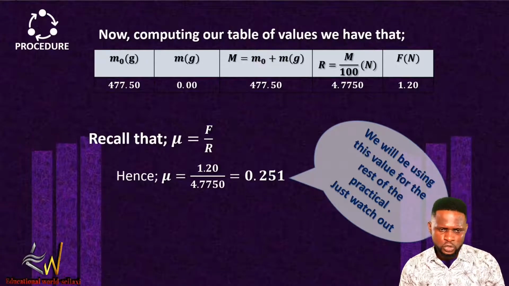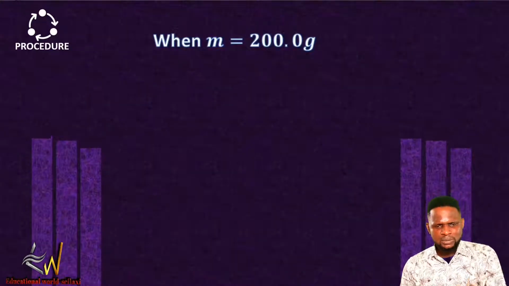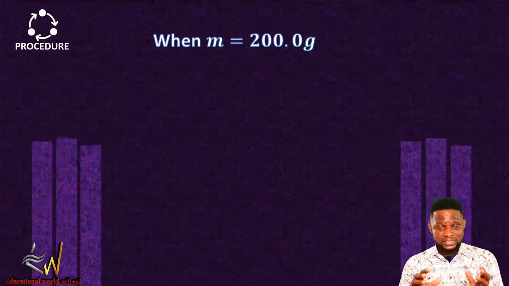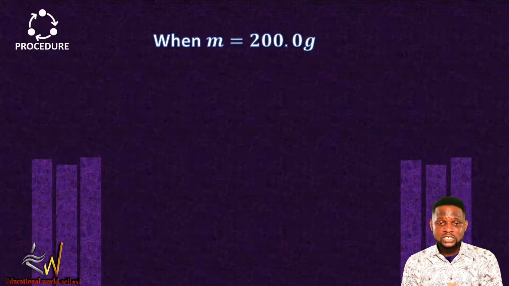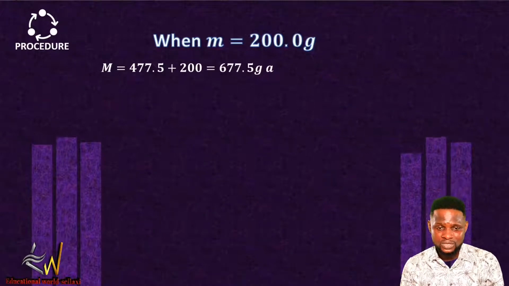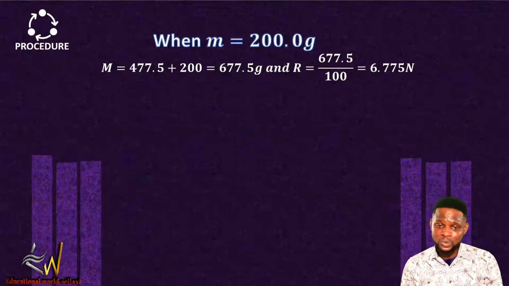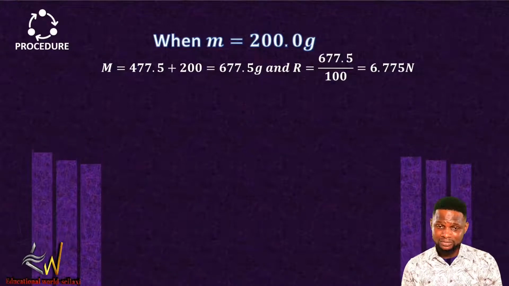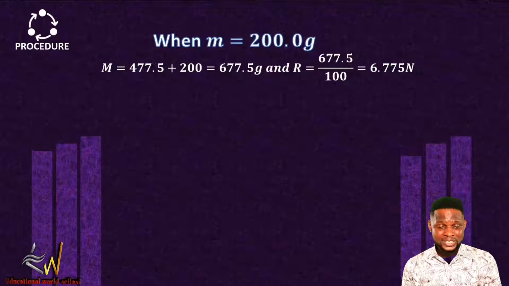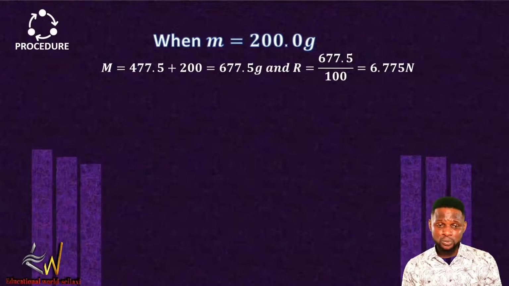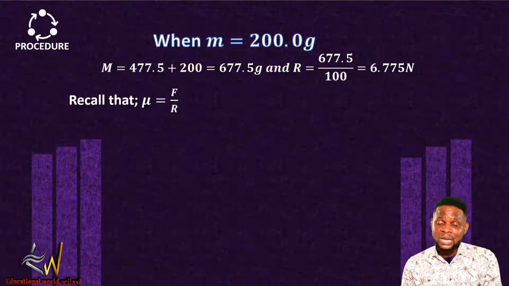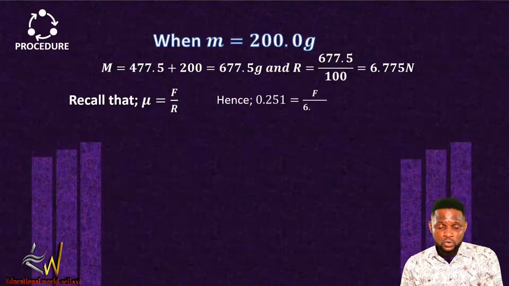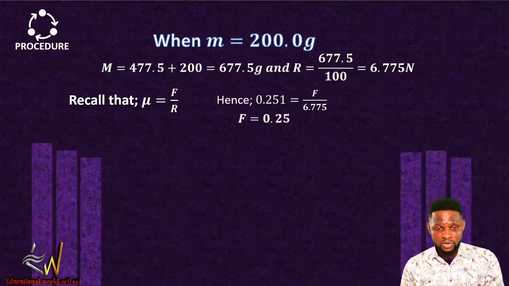So this is the value of the coefficient of friction, and we'll be using it for the rest of this practical. When we now add a mass of 200 grams on top of the wooden block, the total mass becomes 677.5 grams, and the reaction becomes 6.775 Newton. With this in mind, we can derive the value for the frictional force using the formula, coefficient of friction is equal to frictional force over reaction.